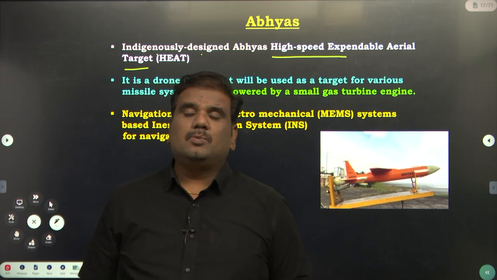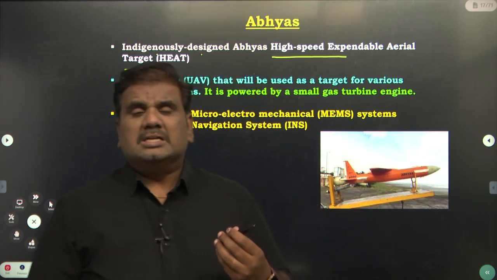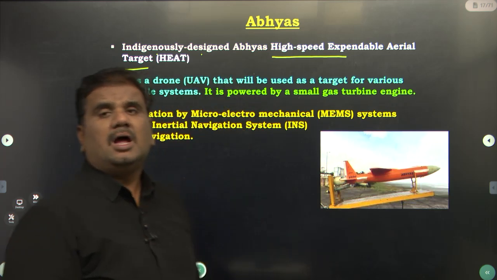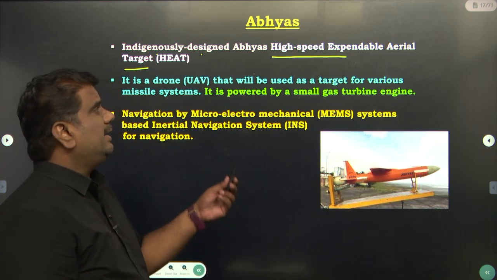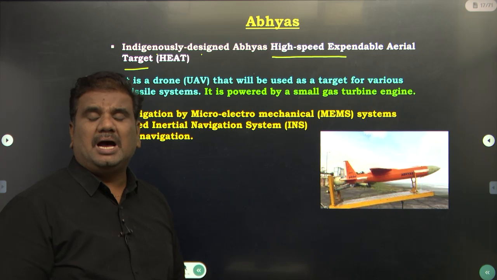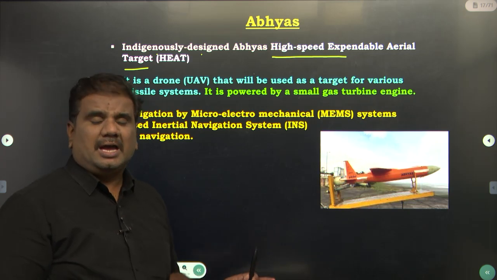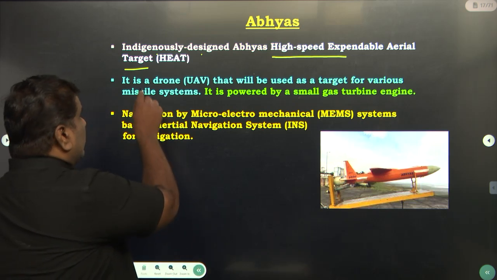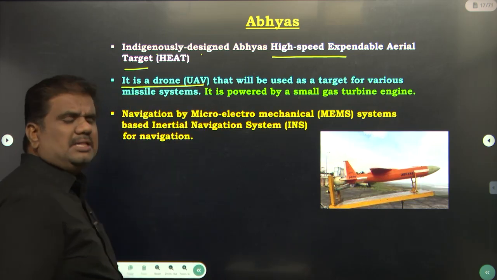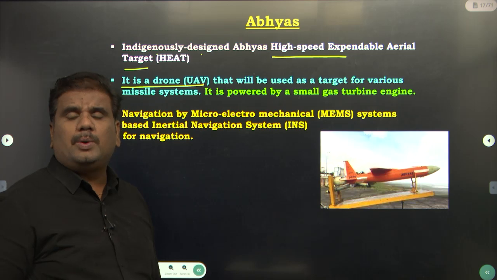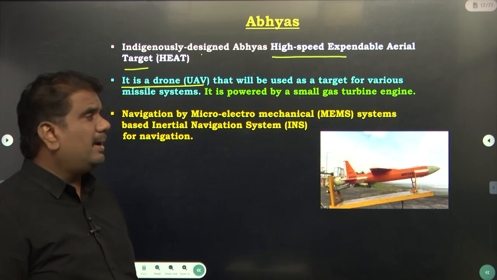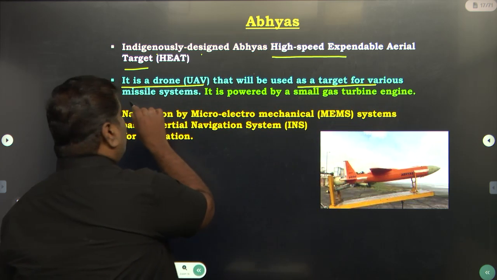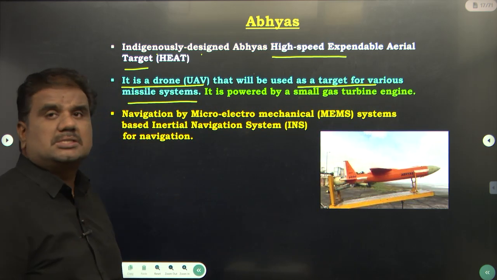That is the reason why for testing these surface-to-air missiles, we need to have a pseudo target, and that pseudo target is nothing but Abhyas, a high-speed expendable aerial target. It is a drone, nothing but an unmanned aerial vehicle. So it is an unmanned aerial vehicle that will be used as a target for various missile systems.